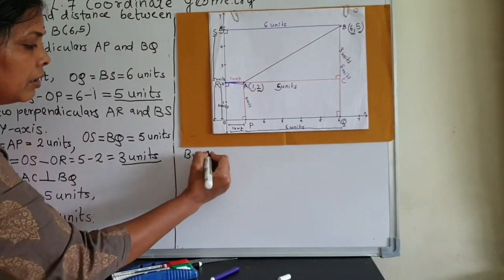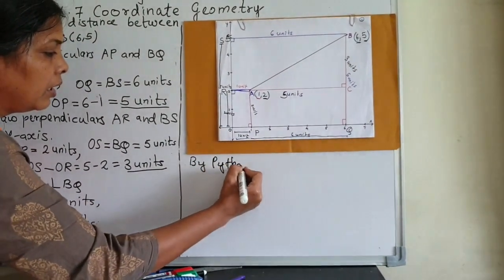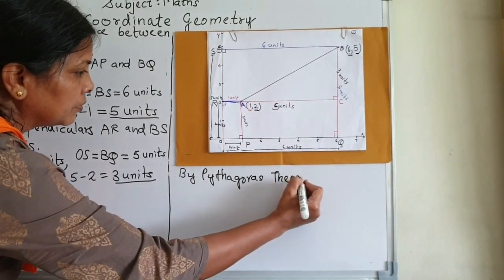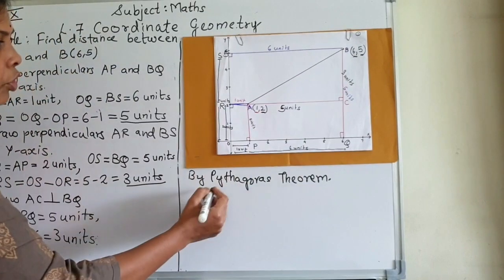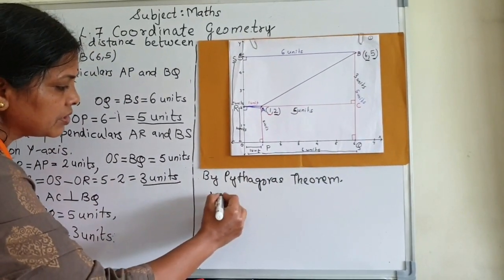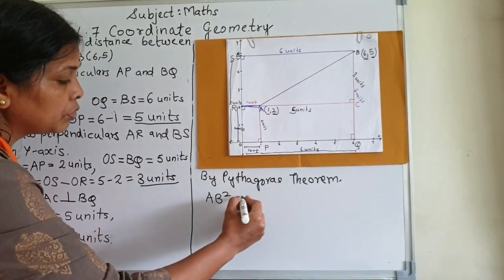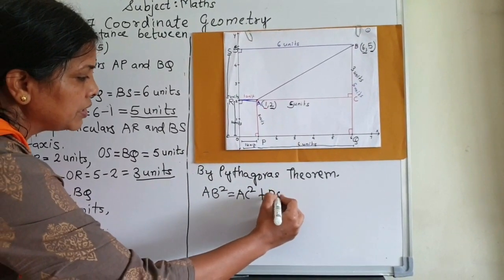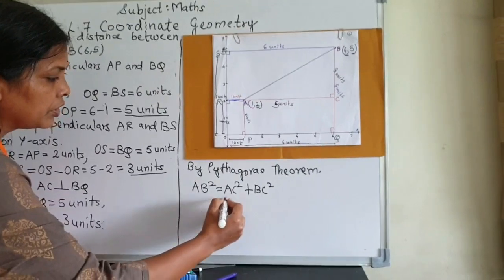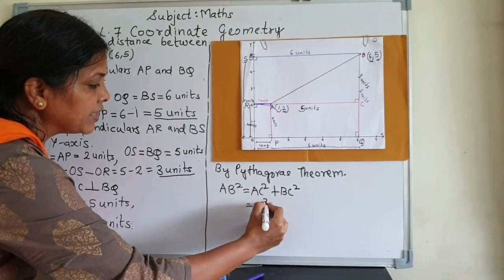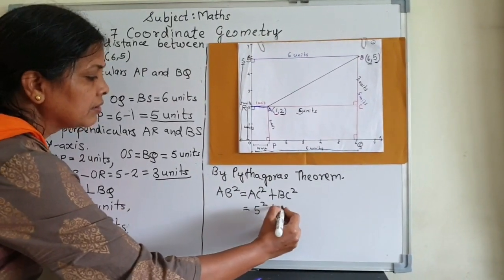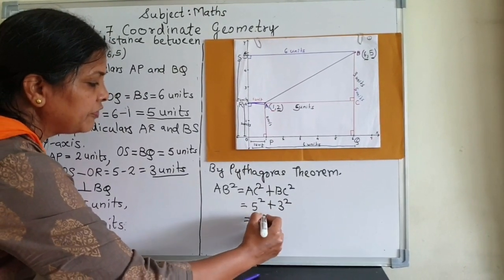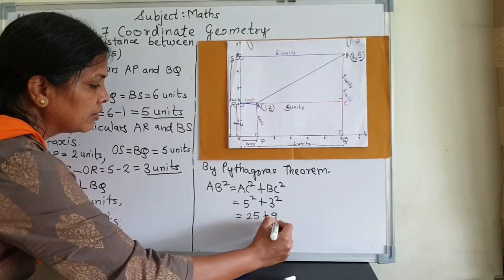By Pythagoras theorem, what we get? AB square is equal to AC square plus BC square. So here AC square means 5 square plus 3 square. That gives us 25 plus 9.